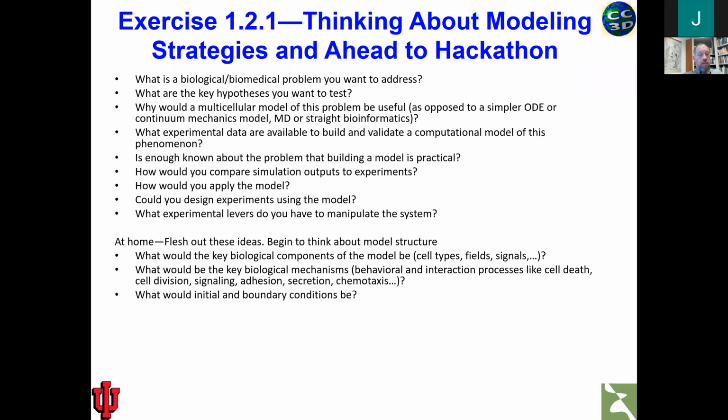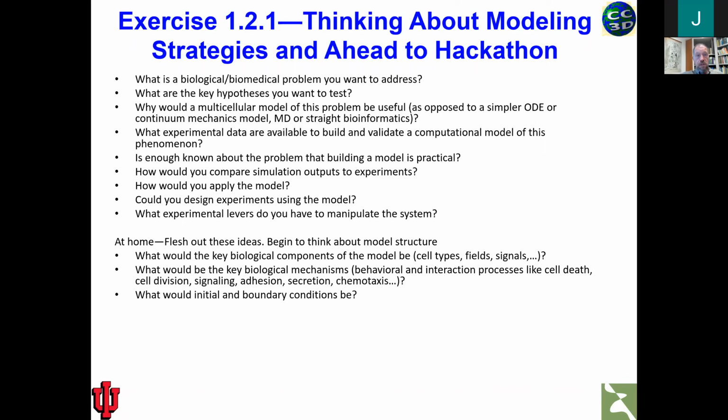Can CompuCell be adapted to simulate behavior of multiple solid organs with signaling and cell migration between organs via blood vessels? Well, the answer is, in principle, yes. The big question when you do a model of that kind is how many cells you're going to simulate.